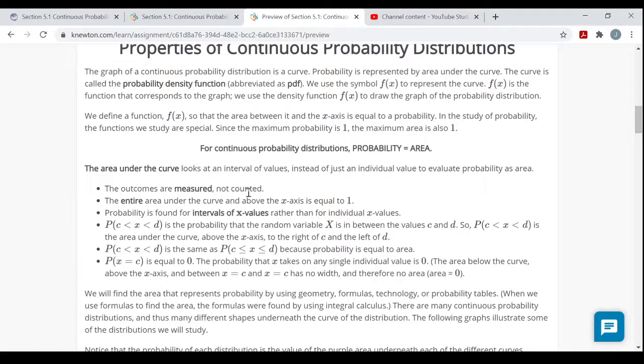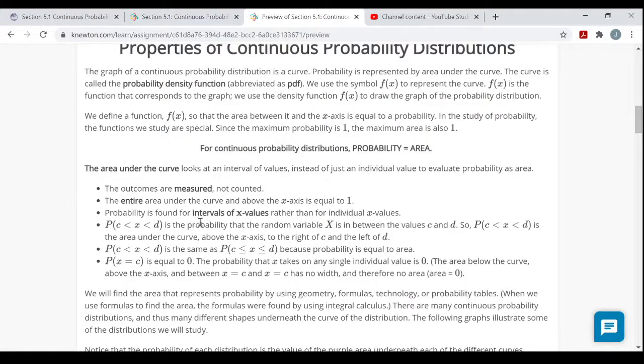It's continuous random variables, not discrete. The entire area under the curve above the x-axis is equal to 1, right? So the area under the entire curve is 100%, 1. That's basically the same as for discrete variables, where, remember, if you add up all the probabilities, you get 1. That's the same kind of concept here.